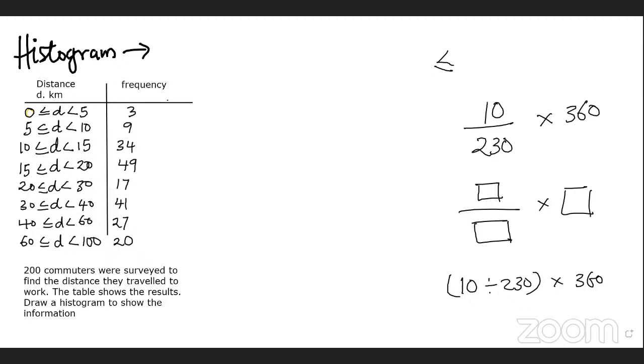Why can't you get the same answer? If you get the decimal answer, you need to round it to a whole number, okay? Round your decimal answers to whole numbers.